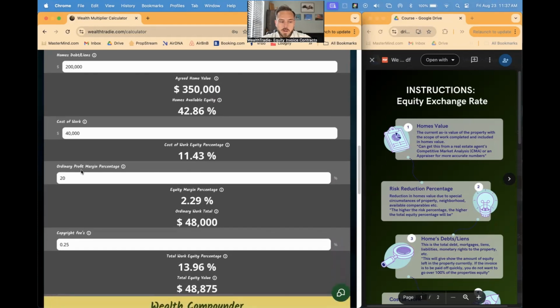This ordinary profit margin is the normal business margin that you would normally make on the construction side. This has to split it up so that you can see the taxes. I know contractors don't want to do this because of the way the current construction pricing is. And this is why contractors don't want to let homeowners see their material list and prices, because they normally do a 20-30% profit margin on their total estimate.